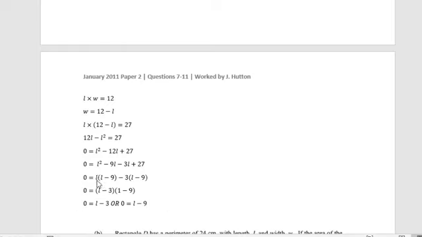When you solve, what you'll get is 3 is equal to L, or 9 is equal to L. So these are the two possible figures.